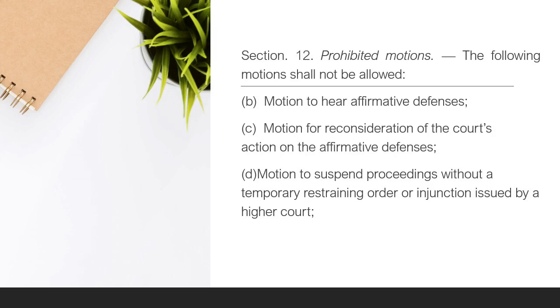Likewise prohibited under Section 12 are: B. Motion to hear affirmative defenses. C. Motion for reconsideration of the court's action on the affirmative defenses. D. Motion to suspend proceedings without a temporary restraining order or injunction issued by a higher court.